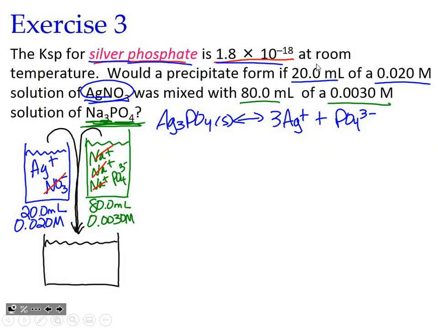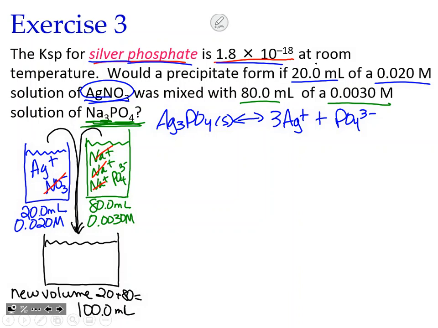We've taken them both, dumped them together. It is now 100 milliliters. Yes, we have a new volume because we put them together. So 20 plus the 80, well, now we have 100 milliliters.